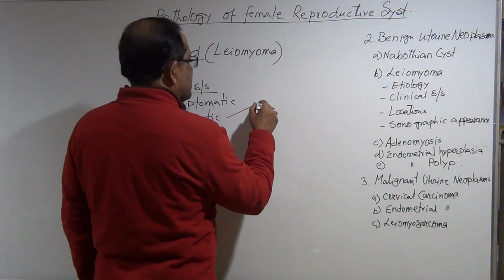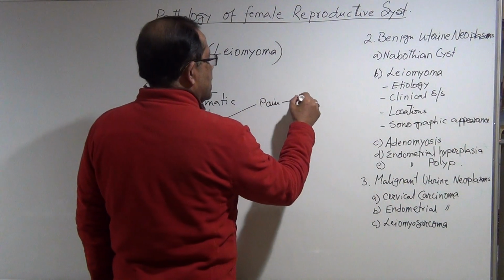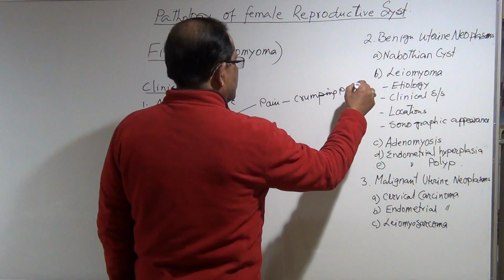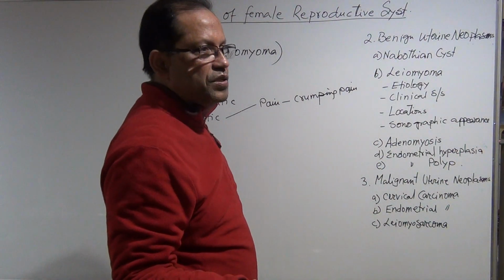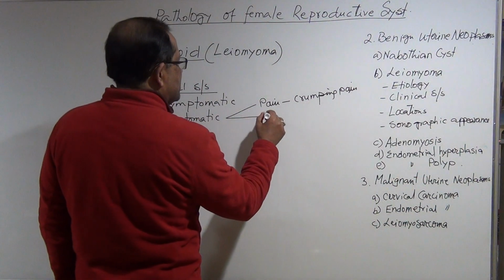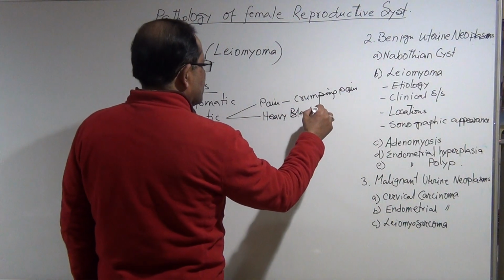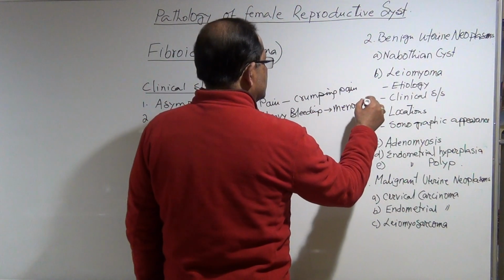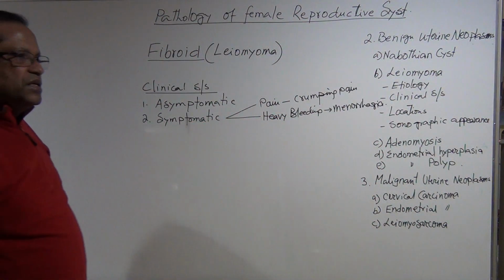So the patient may complain of pain, mostly cramping pain, especially during the menstrual period. And then heavy bleeding, we call it menorrhagia.